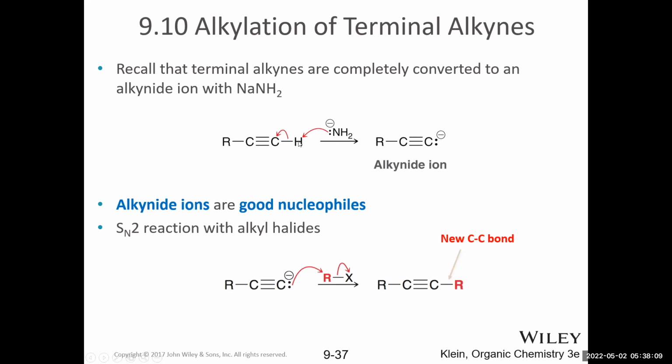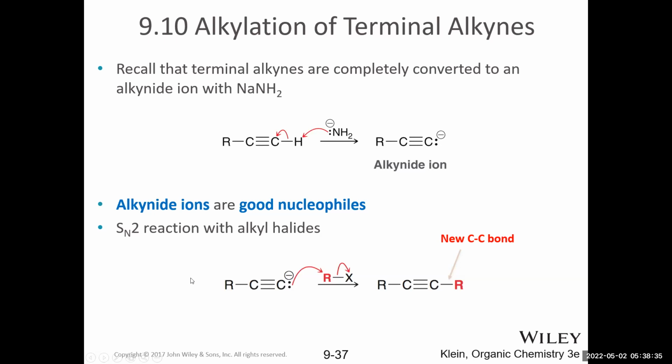So NH2- can deprotonate it and form an alkynide ion. Remember that we talked about the fact that this carbon is now electron rich and therefore can act as a nucleophile potentially, and it can react with electrophiles, such as alkyl halides.